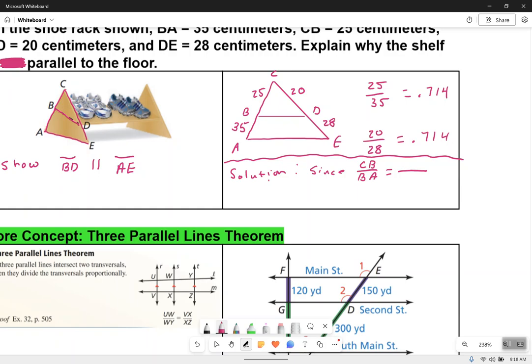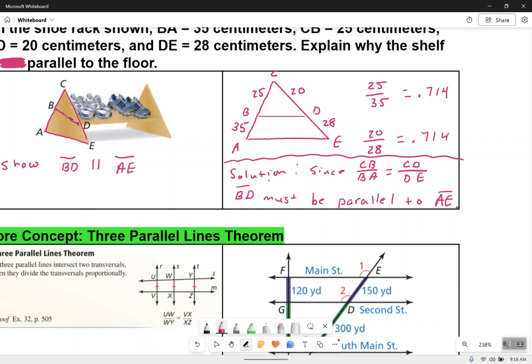Since CB over BA was equal to, go to the right side, CD over DE, that was a 20 over 28 part, right? What must we say about segments BD and AE then? BD must be parallel to what? AE. Very good, guys. Very good.